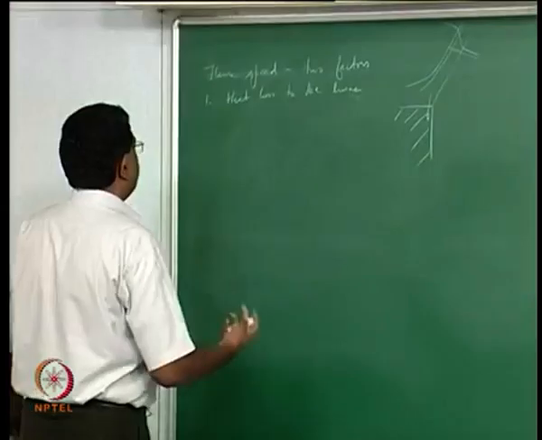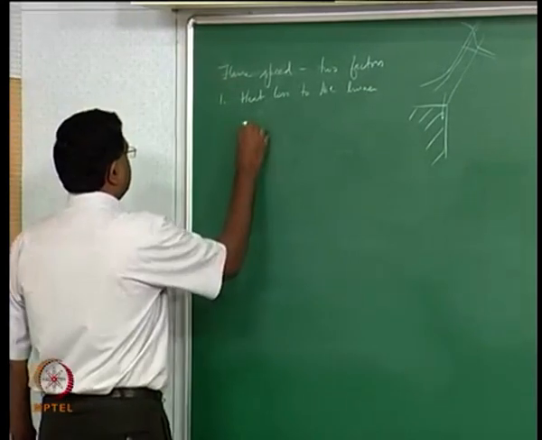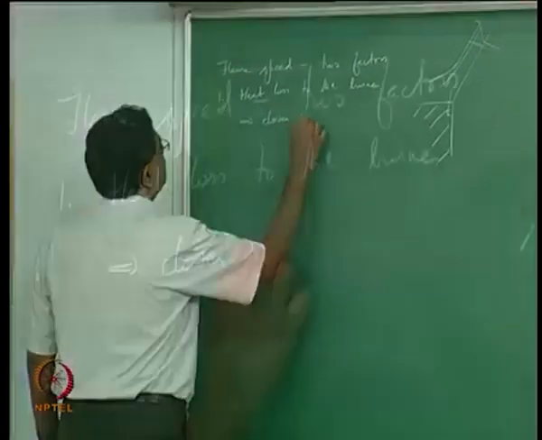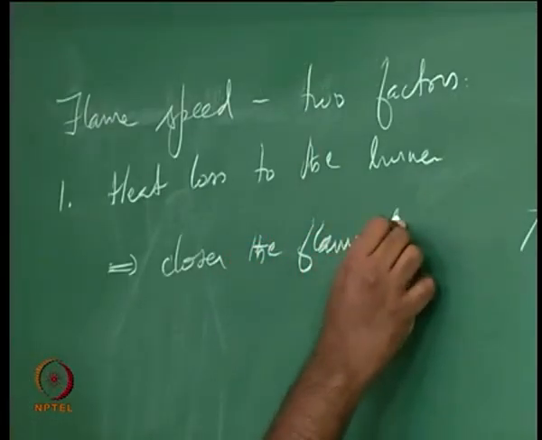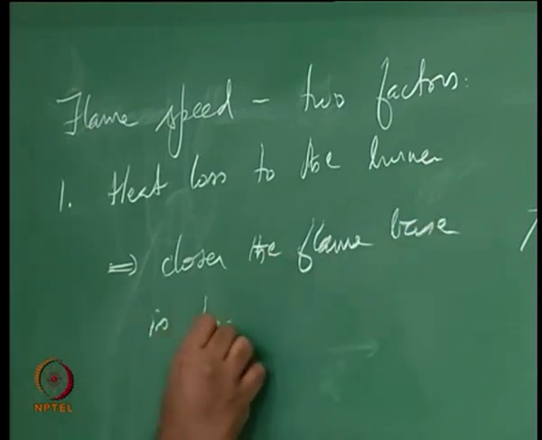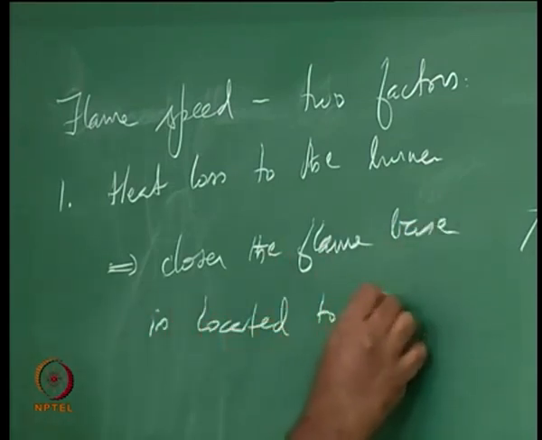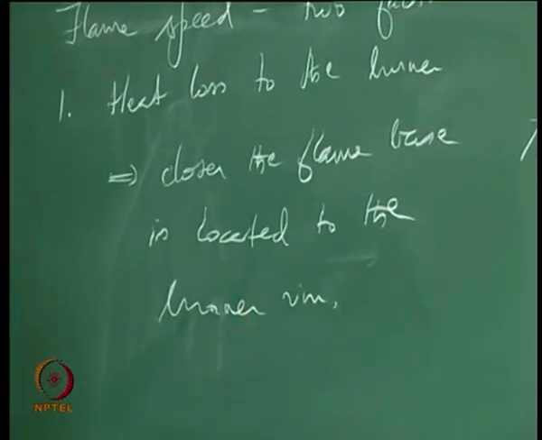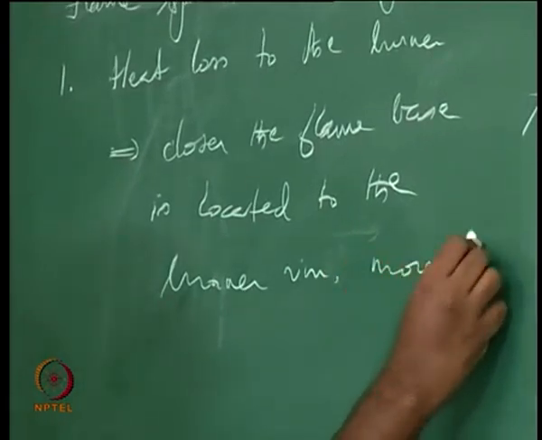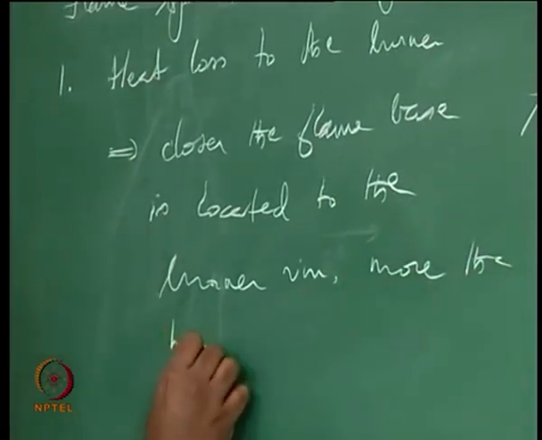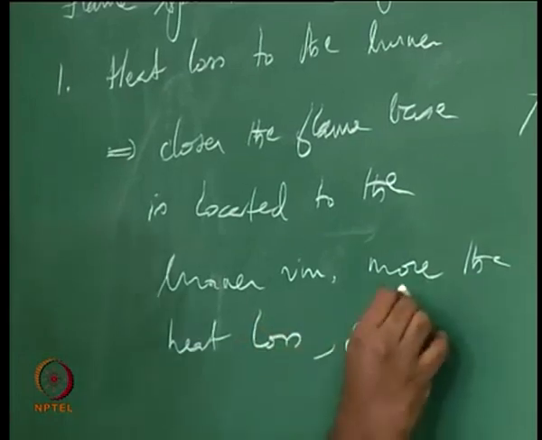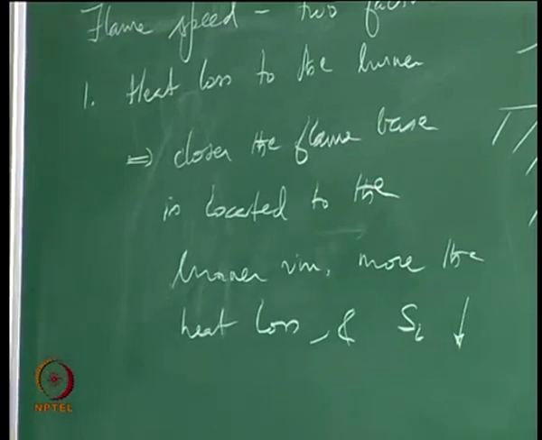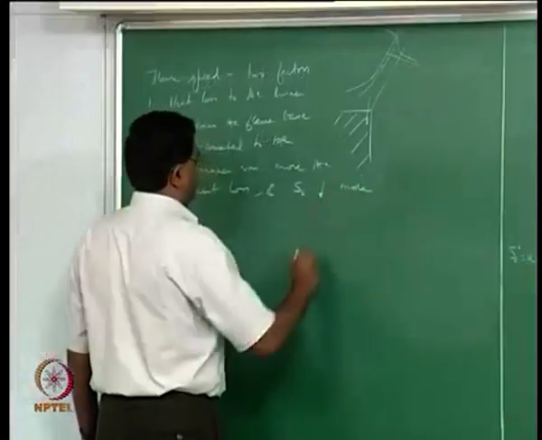So it's essentially the heat loss to the burner that means the closer the flame base is located to the burner rim, the more the heat loss, and S_L decreases more, right? The decrease in S_L is more.